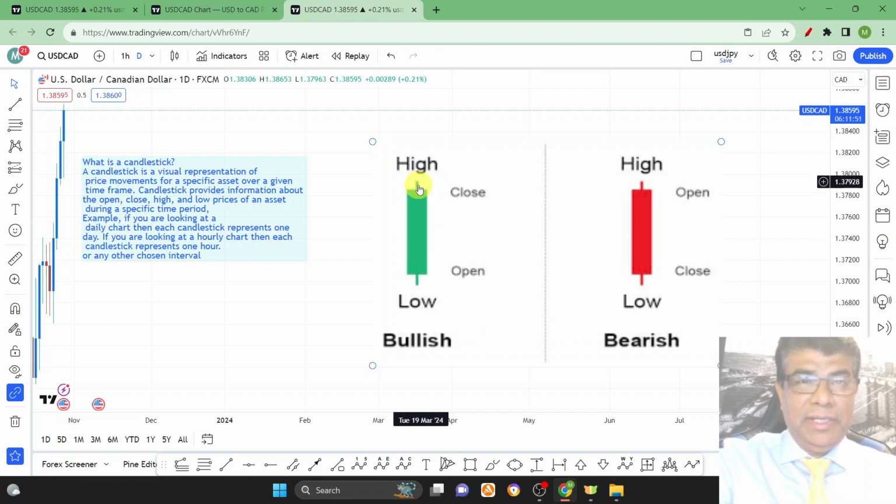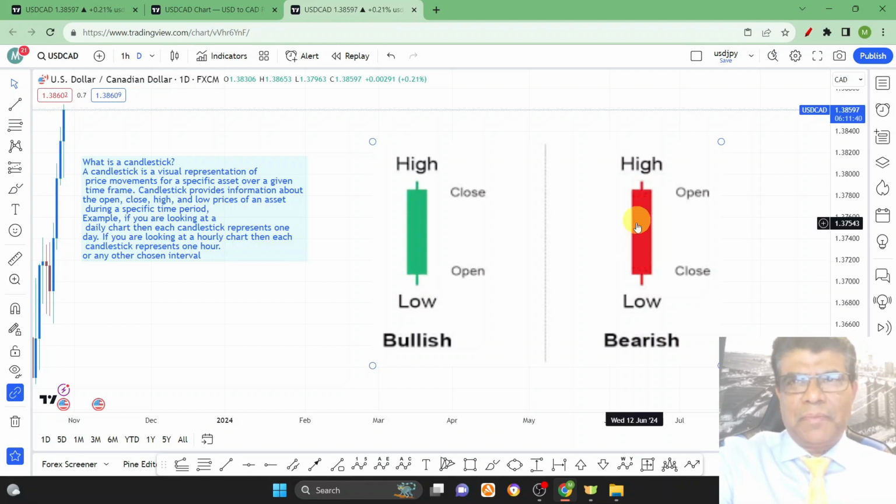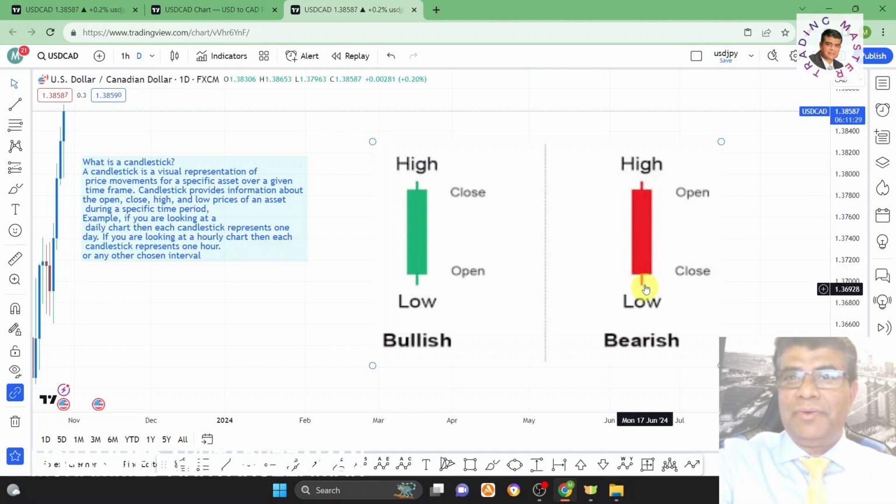As you can see, this line is called a wick, or you could say shadow. Same thing here. This line is a shadow, or you could say wick. Same thing on the red candle. The red candle opened here. The stock price opened here, and then it went down all the way here.